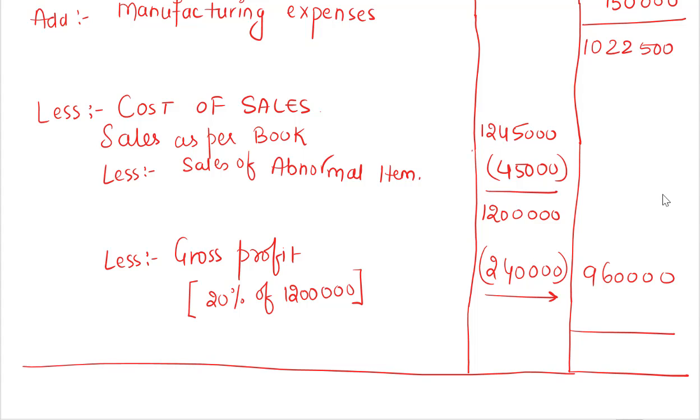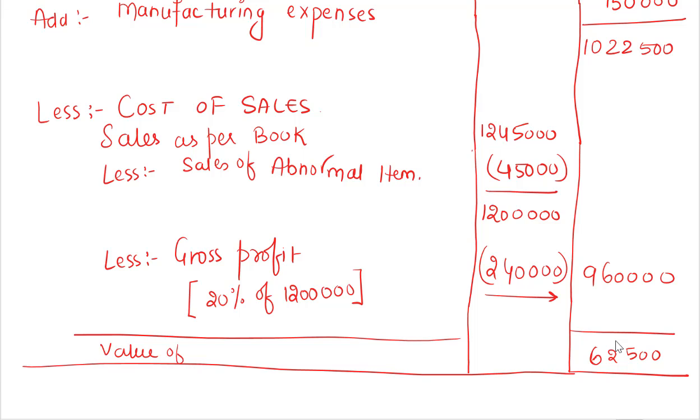10,22,500 less cost of sales, that is 9,60,000, equals 62,500.